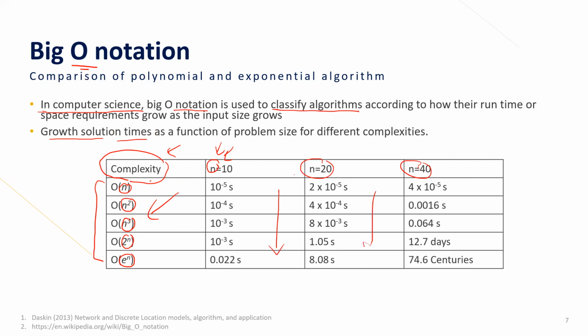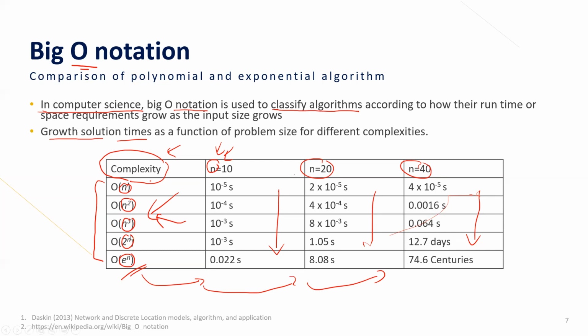The approximation of the computational time will grow accordingly with your complexity notation. So you just need to give this big O notation to people who want to explore your algorithm, and then they can approximate the computational time.